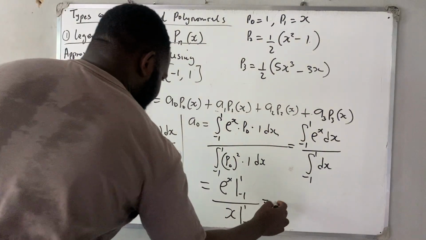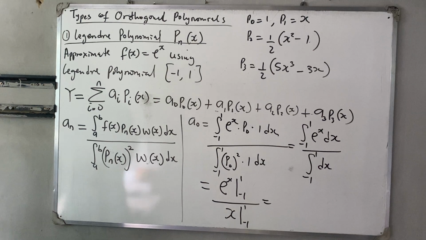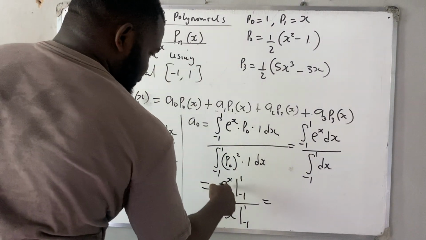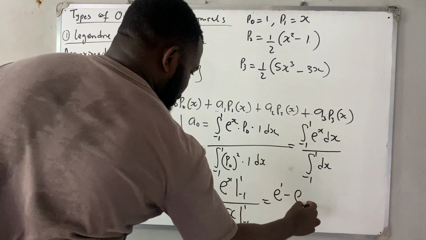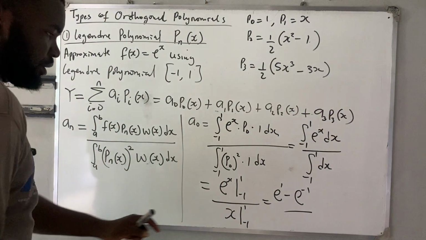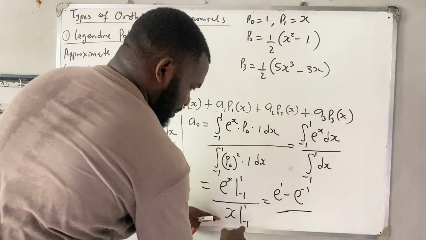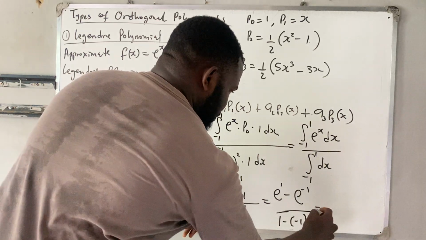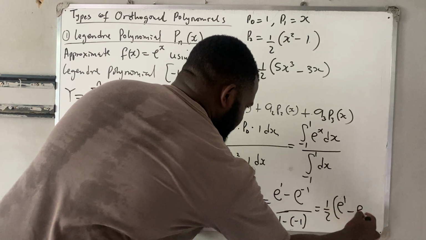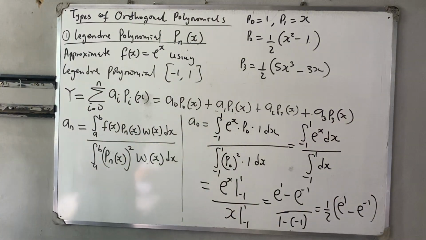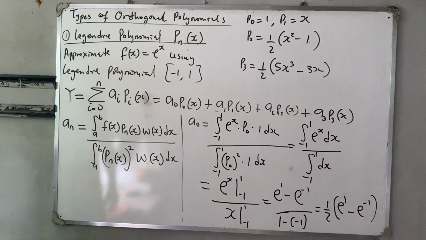So if you do this, you're going to get that a naught is equal to exponential 1 minus exponential minus 1, the upper bound minus the lower bound, all over 1 minus minus 1. So what you get is just 1 over 2 into exponential 1 minus exponential minus 1. So that is what our a naught gave us. Okay?